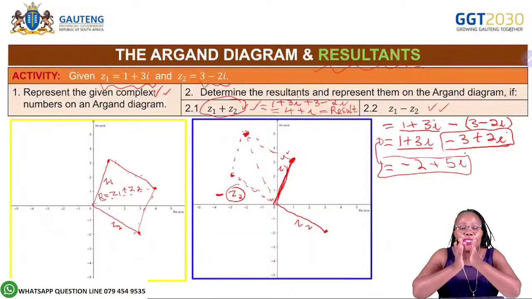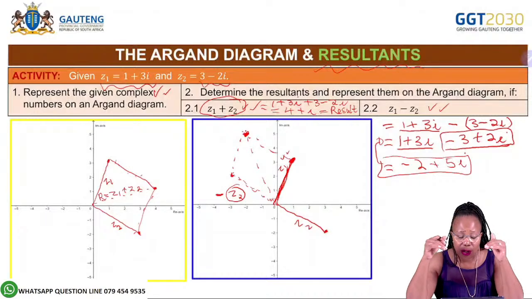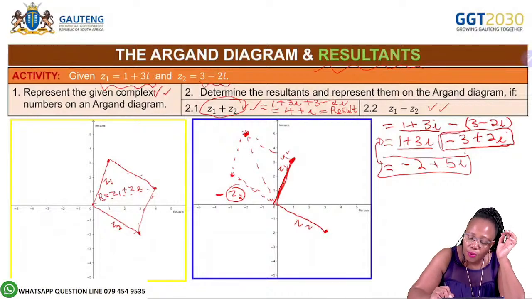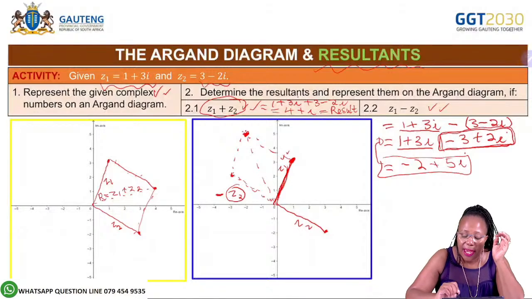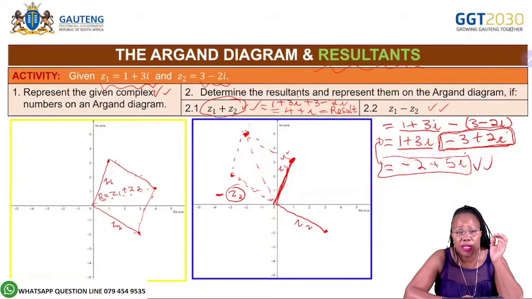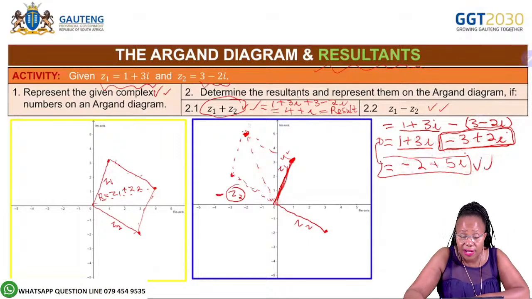Remember, with the subtraction one, you can't just go in and sketch that and have a parallelogram indicating that. So you need to plot in the negative Z2 first, and then add the Z1 and minus Z2 to get the answer, and that answer you can now bring in as your resultant. That is how you do the negative resultant.